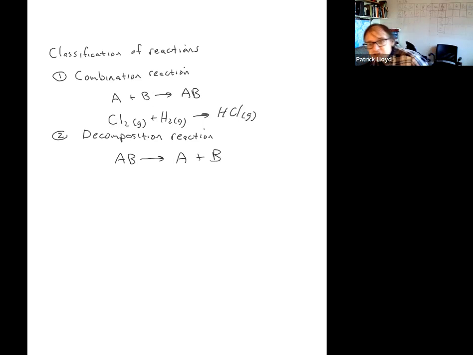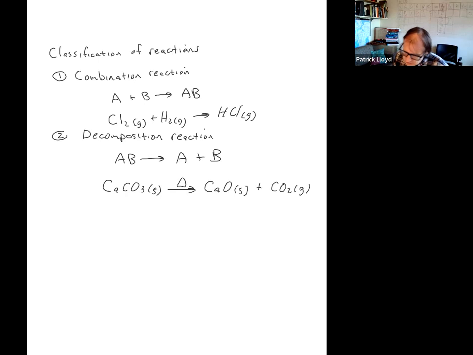Actually, I showed you one just a moment ago. If we take calcium carbonate, CaCO3, and I heat it, I have to add heat for this to occur, I get calcium oxide, solid, and carbon dioxide, gas. See how that's decomposing? You're taking one thing and breaking it up into two things. That's called a decomposition. Okay.